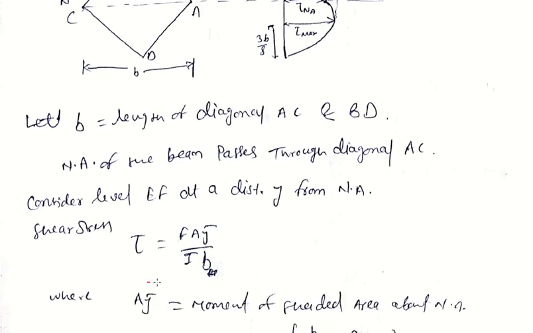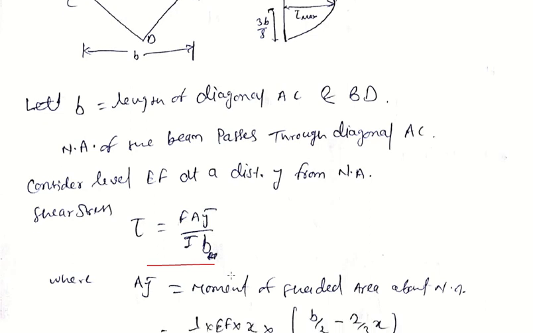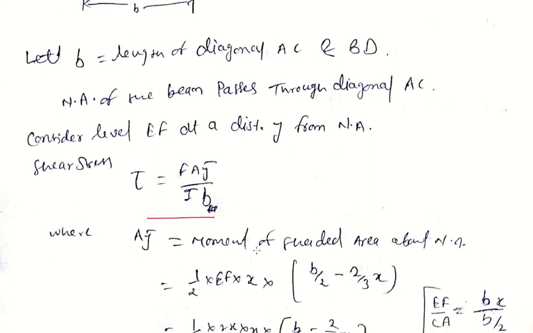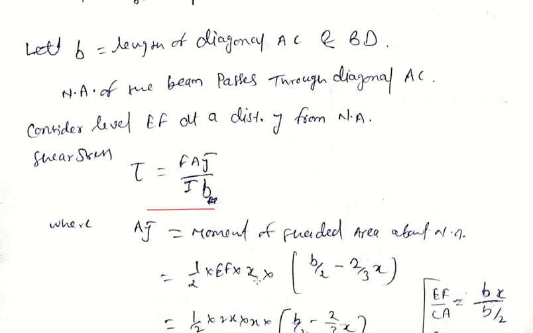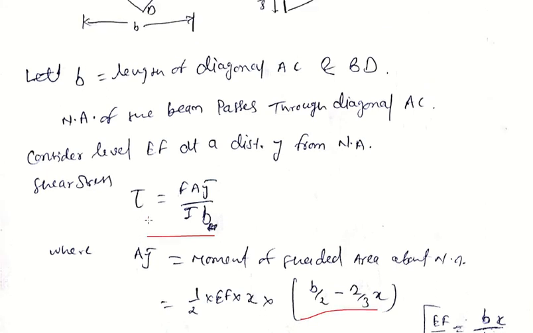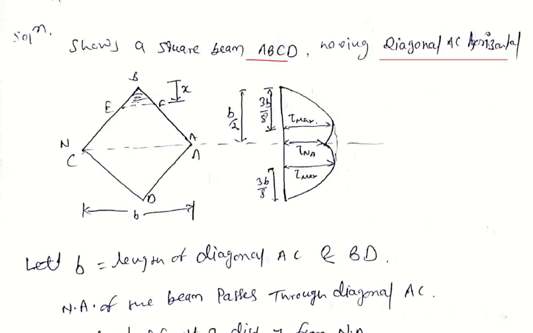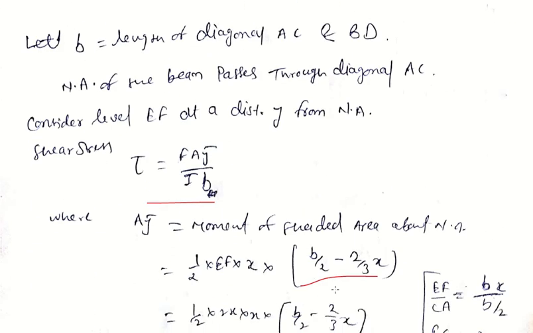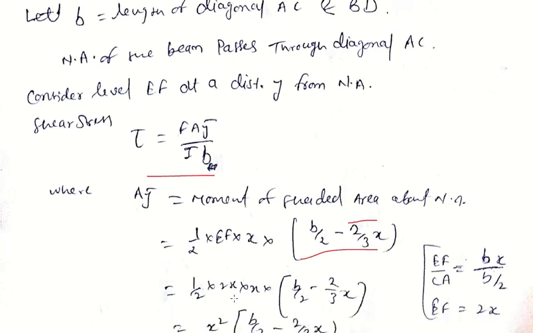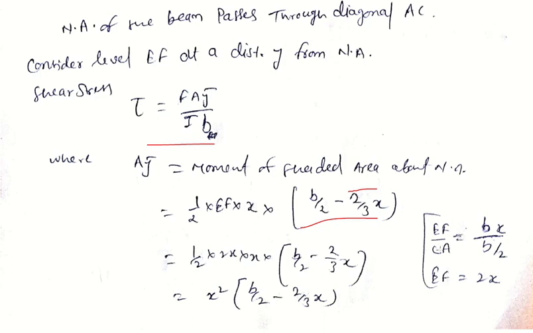Here is the shear stress equation, tau equals F A y bar by I b. First we calculate A y bar, which equals half EF into x into the distance of the CG of the shaded area from the neutral axis, which is b by 2 minus 2 by 3 x. 2 by 3 x is the CG of the shaded area from the top. For EF, we use the similar triangle rule.